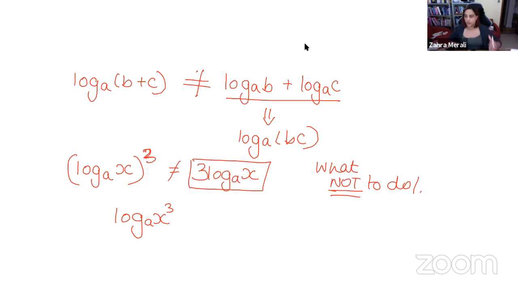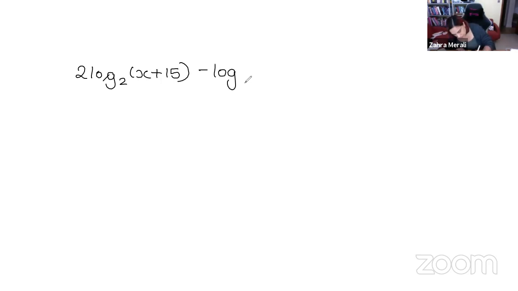Now, once you know these laws, you can actually combine logs to solve equations. So let's take a past exam question, and we'll show you how that works. So this was from an Edexcel paper a few years ago. So you've got 2 log 2 of x plus 15, you can see that, minus log 2 of x equals 6.